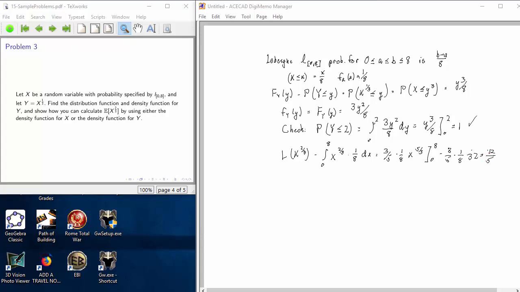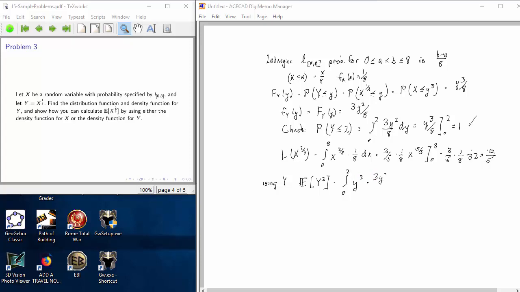And just to prove that it can be done, I can get the same result using my new random variable y. In this case, the random variable is written in terms of y as y squared. So what do I do? Well, y ranges from 0 to 2. My function of y is y squared.